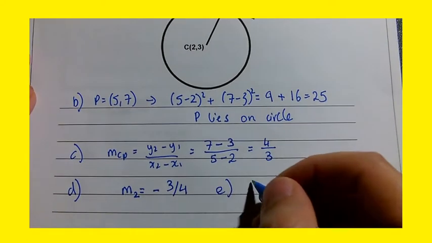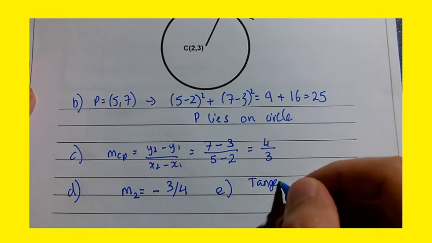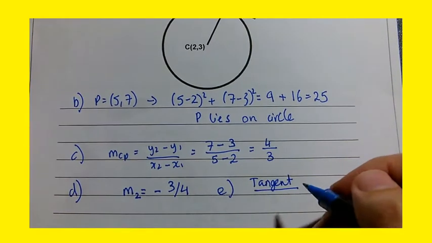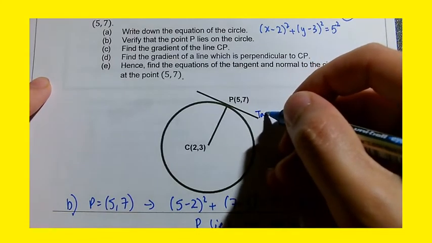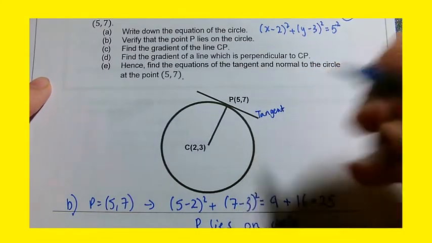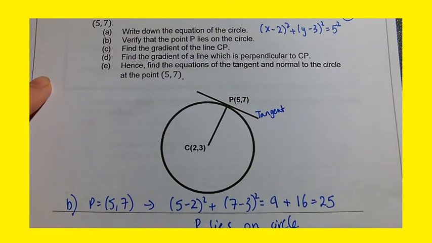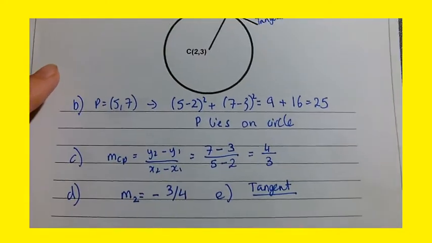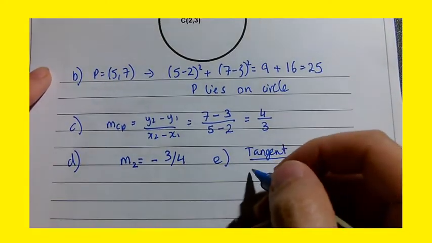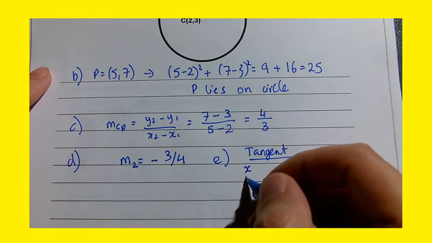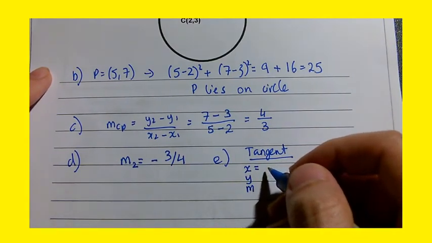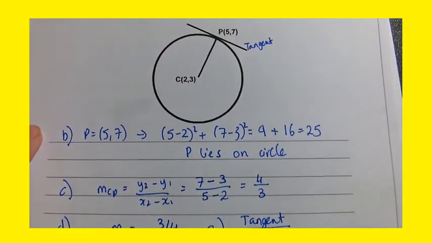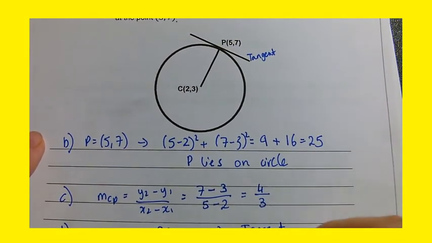So let's do the tangent first. Okay, so remember, this is the tangent here, this line, which just touches the circle at the point P. Now, tangent is a straight line. What three things do we need for the equation of tangent? If you remember, we need an x value, a y value, and a gradient. The x value will be any point that the tangent has. So it's going to be x equals 5, y equals 7.